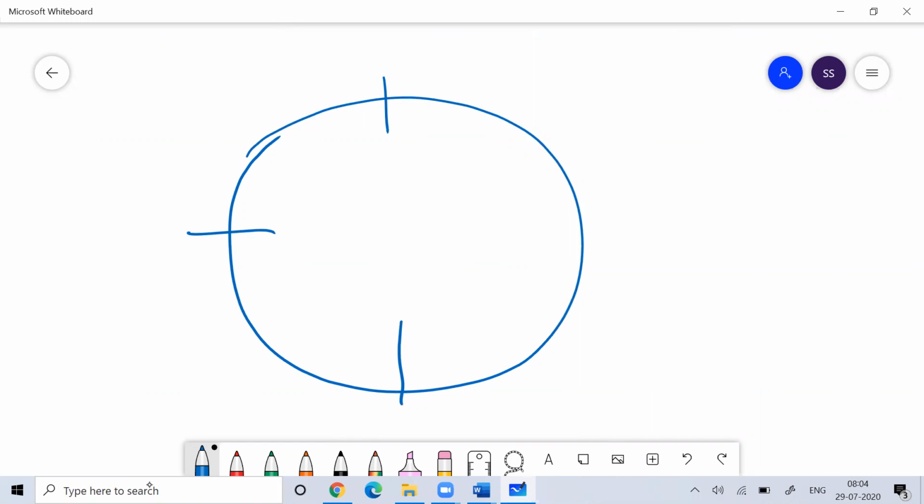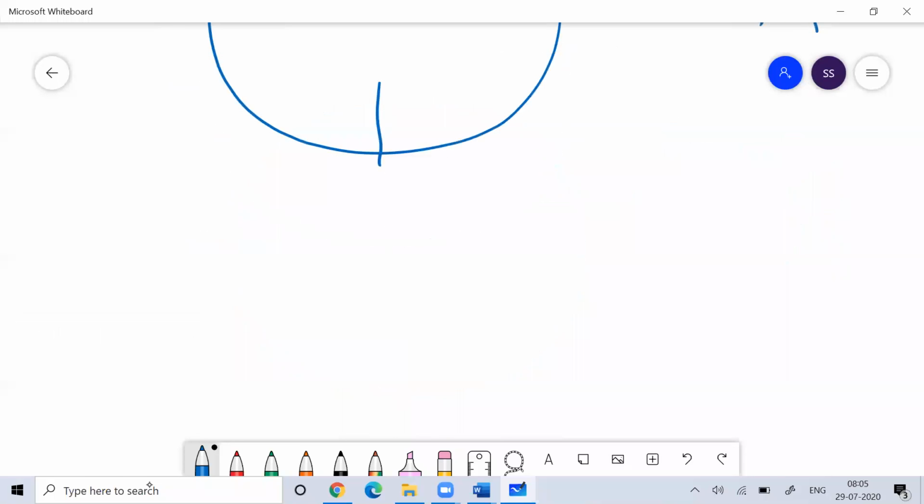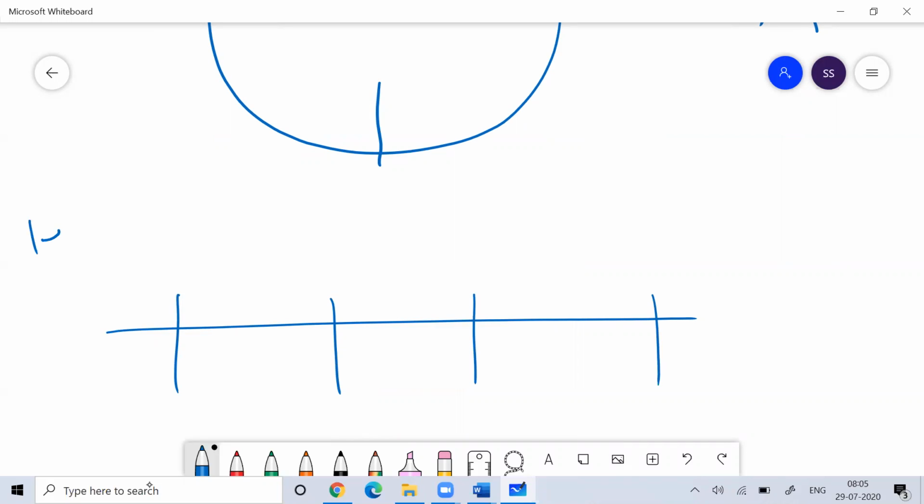Suppose 4 chairs are there in a circle. Suppose you entered into the room. Now 4 chairs are there. If I ask you to go and sit, you ask me where you can sit. If these chairs are like this, then this is left and this is right.